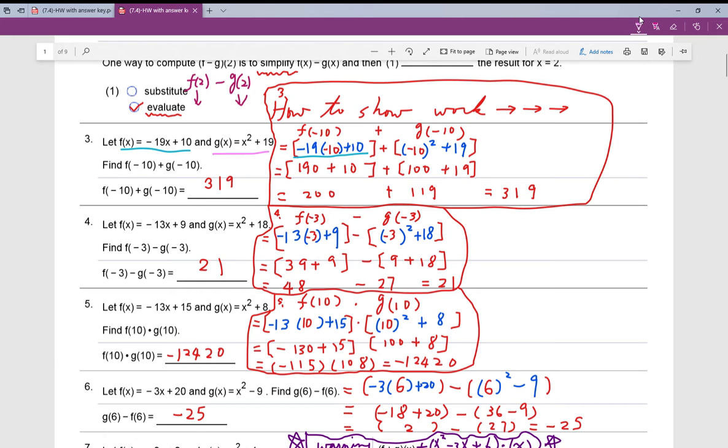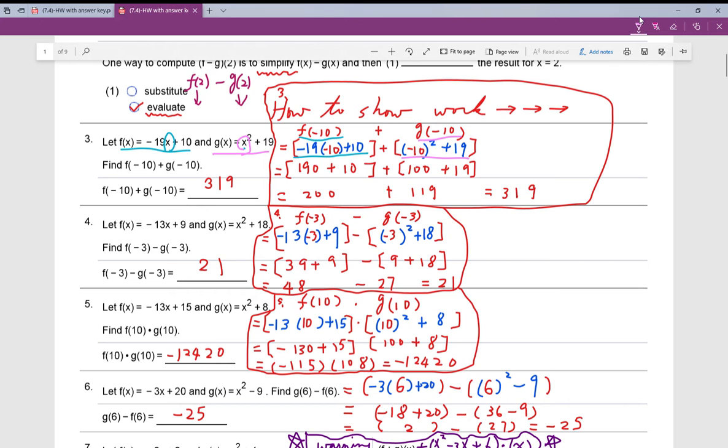G of x, you write down here, g of x. And instead of writing down the x, you write down 10 here.